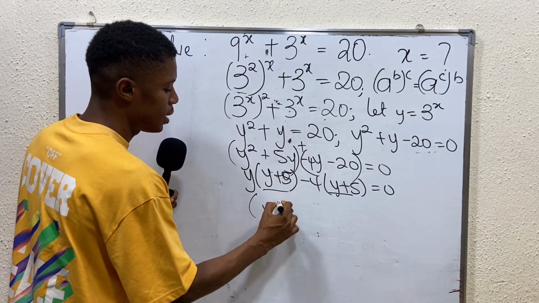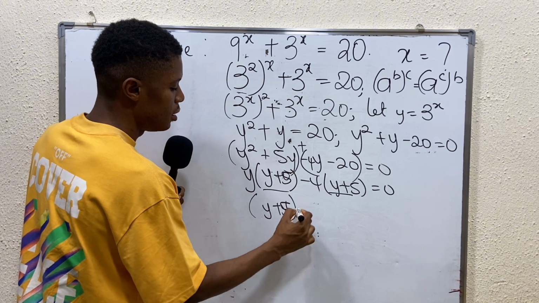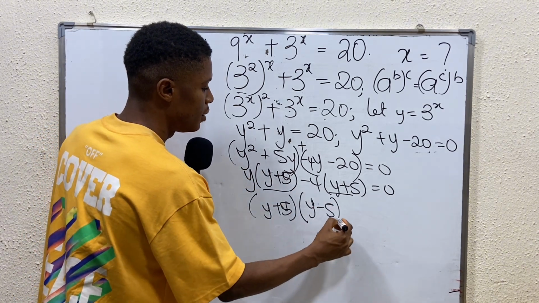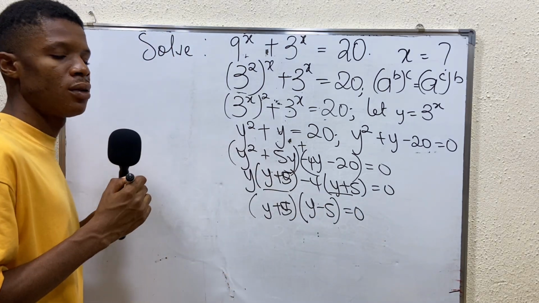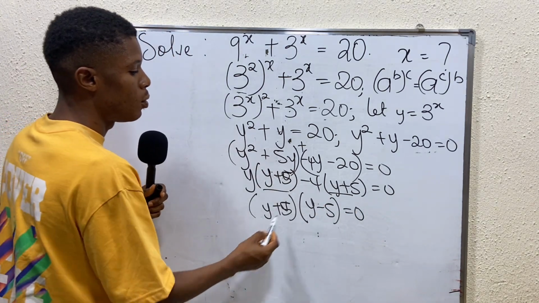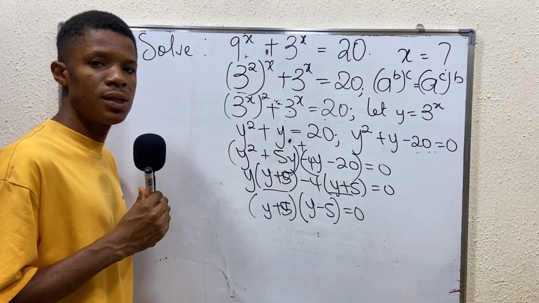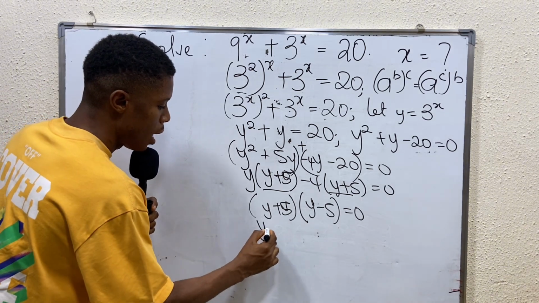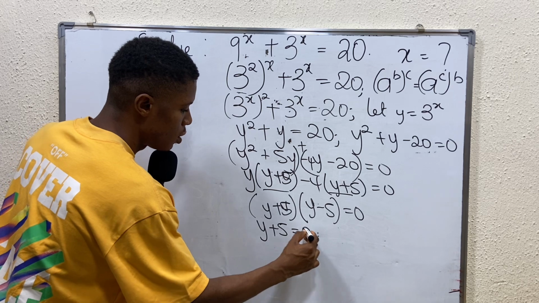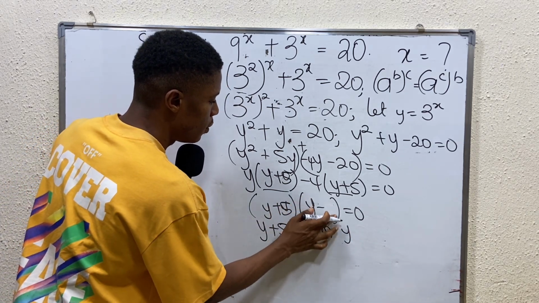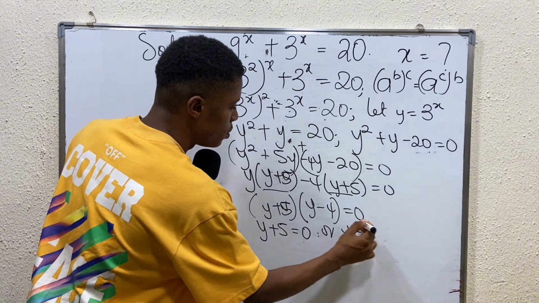We'll form a unit bracket, y plus 5 into y minus 4 is equals to 0. Okay? So when two things multiply to give 0, one of them is 0, so we equate both of them to be zeros. So we have that y plus 5 is equals to 0, or we say that y minus 4 is equals to 0.